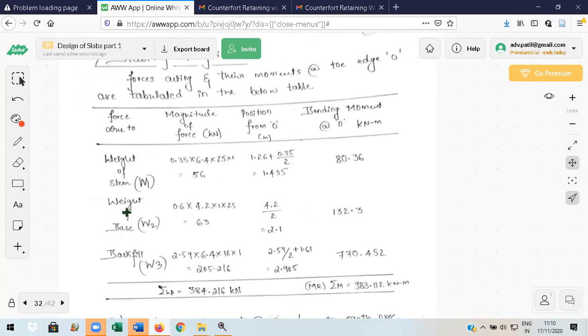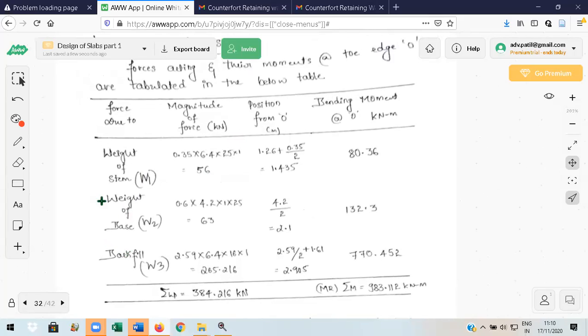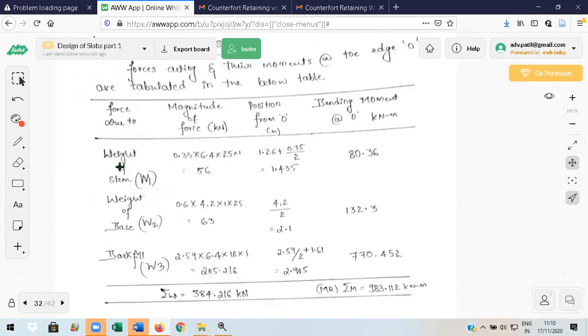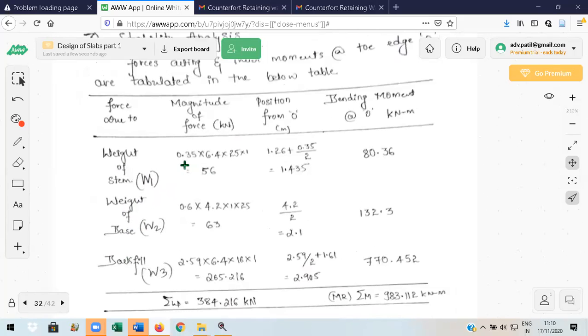So weight of the stem, weight of the base, weight of the backfill. When I say weight of the base, it means it includes both heel as well as toe. So let us see this one, weight of the stem. Thickness is 350 mm, 0.35, height is 6.4. This has been separately calculated. Capital H, 7 minus base thickness 0.6, is 6.4.